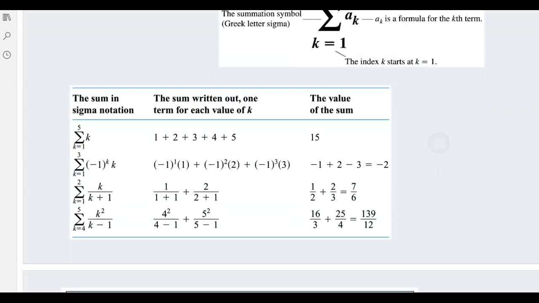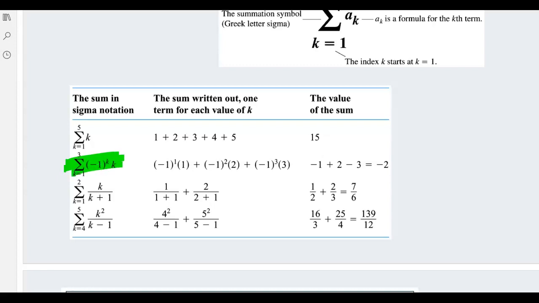Here are a couple of really simple examples. Looking at this first example, I'm starting at k equals 1, and the formula that I'm plugging it into is just take whatever input value and add them together. So in this case, I'm adding the numbers 1 through 5, and I get 15 as the final answer. Looking at the second example, I'm going between 1 and 3.